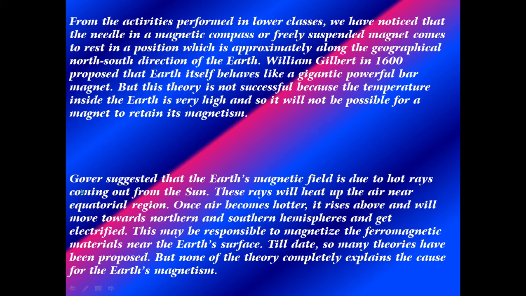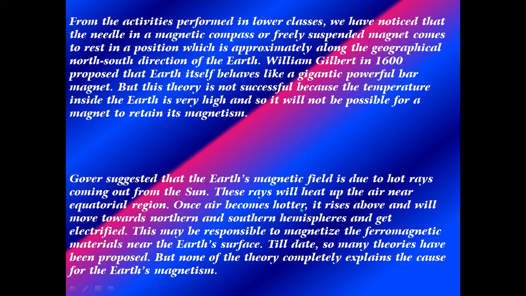The next important thing: Coward suggests that the Earth's magnetic field is due to hot rays coming out from the sun. So this is a very important point for your objective type. The Earth's magnetic field is due to hot rays coming out from the sun. These rays will heat up the air near the equatorial region.